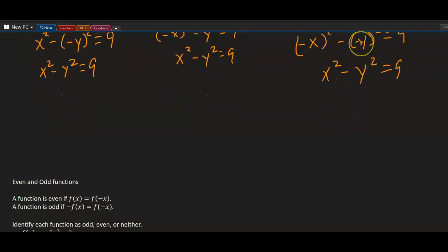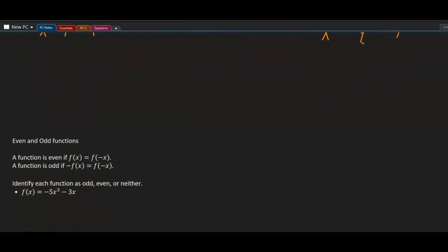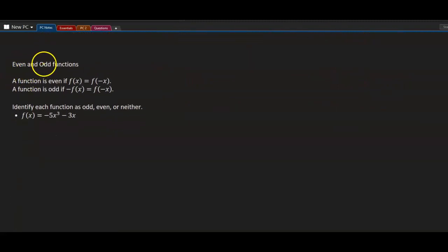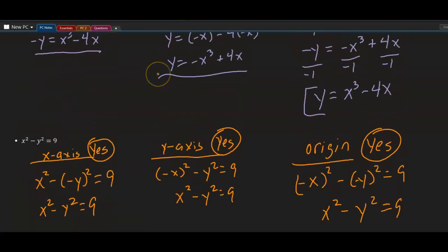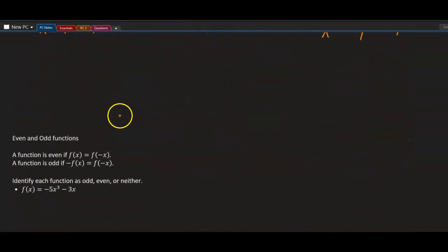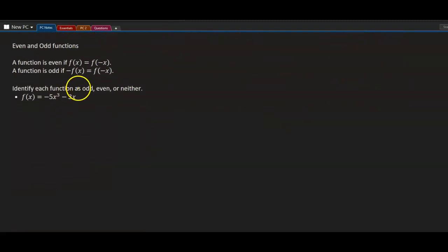All right. Then we're going to come into this idea of even and odd functions. And this is similar to symmetry, but it's a little bit different because up here we aren't necessarily dealing with functions, but down here with even and odd we are going to be dealing with functions.